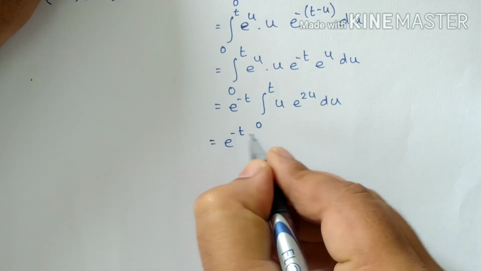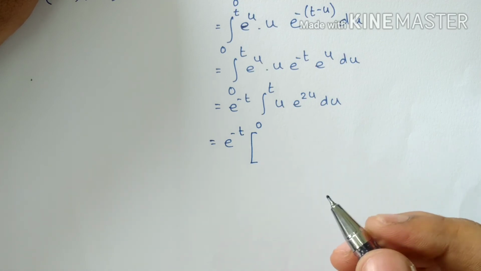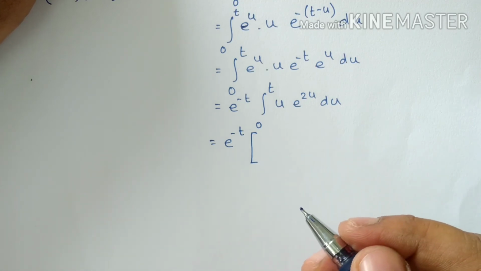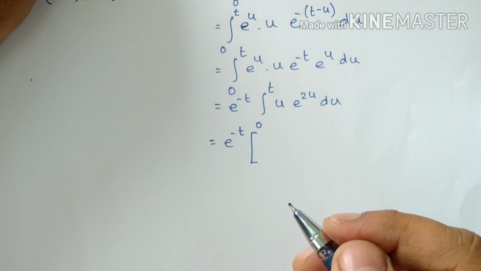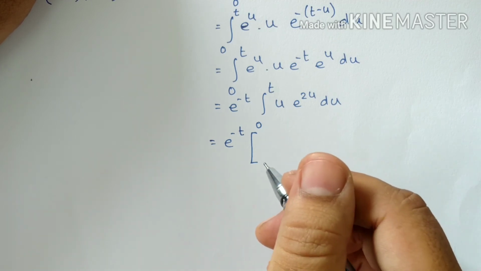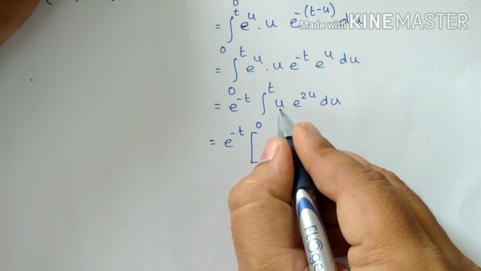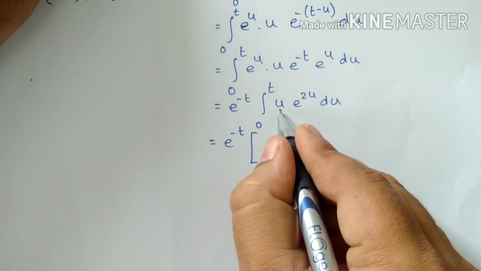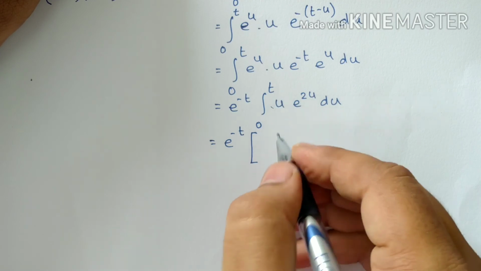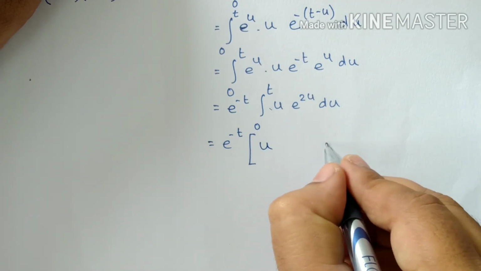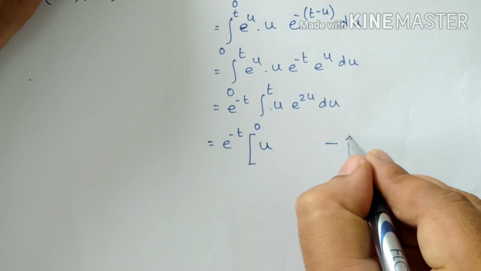I have already explained the integration by parts, that is the generalized rule, in my very first lectures based on the definition of Laplace. So here this is my function u and this is my function v, because the derivative of this function vanishes earlier. So u as it is, second term minus derivative of u, which will be 1.